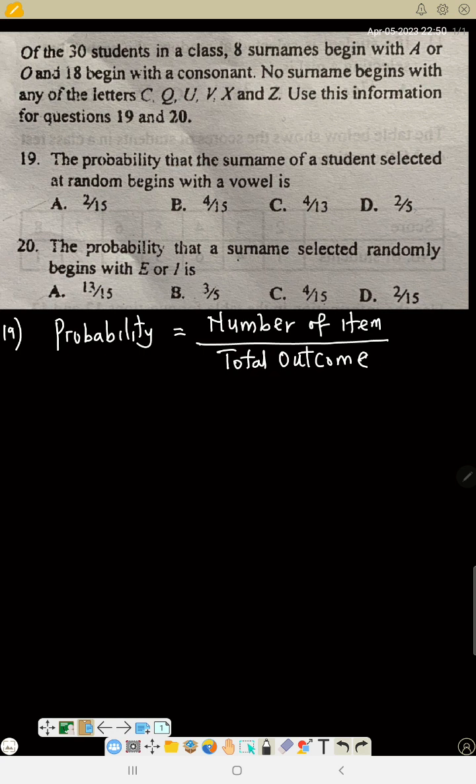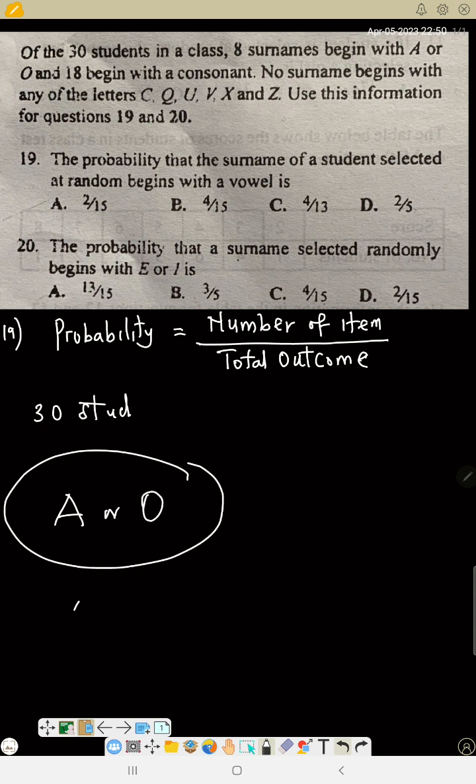Now the probability that the surname of a student selected at random begins with a vowel. From all the information given, out of 30 students, 8 surnames begin with A or O. Remember, A and O are vowels.